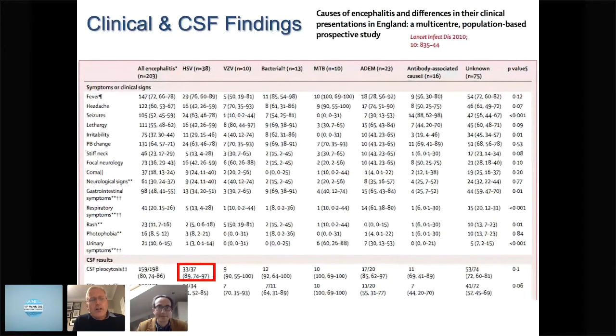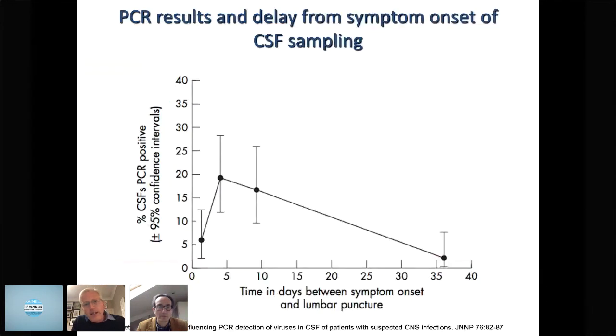CSF is integral for demonstrating evidence of inflammation and also for detection of organisms, particularly viruses, using PCR tests. CSF can have normal white cell counts even in herpes simplex encephalitis when the CSF is sampled very early in the disease process.